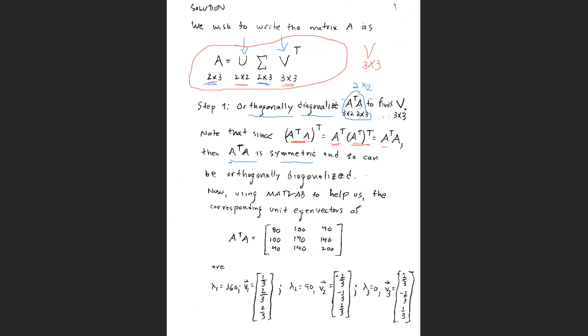That gives you A transpose A. So you started out with A transpose A, you took its transpose and you got A transpose A back. That's the definition of what it means for a matrix to be symmetric: if you take the transpose of a matrix and get that matrix back, the matrix is symmetric. Okay, so it can be orthogonally diagonalized. Let me stop there for a moment, and let's see if you have any questions.